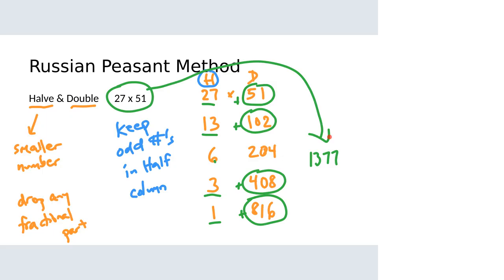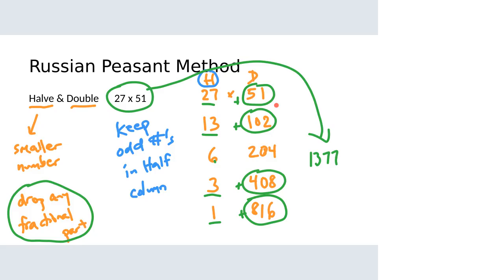What is happening here, the reason that we keep the odd numbers is because we're dropping that fractional part. When we drop this fractional part, we lose some of the number. So if this would have just been 13.5 times 102, we would have still had the same problem that we started with. When we drop that half, that's why we have to keep that number.